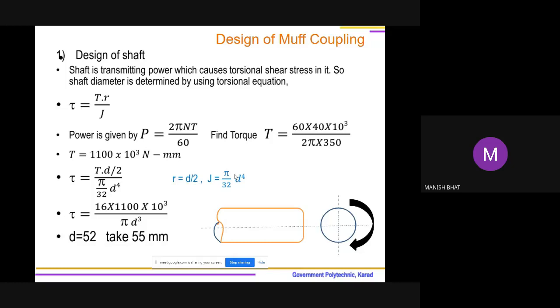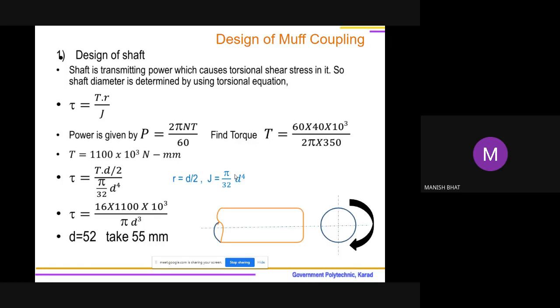We need to select a standard size of shaft because bearings are available in standard sizes, and once we select a standard size, it will be easy to replace a particular shaft. If we are using a tailor-made shaft of any size, then replacement and servicing will be troublesome.